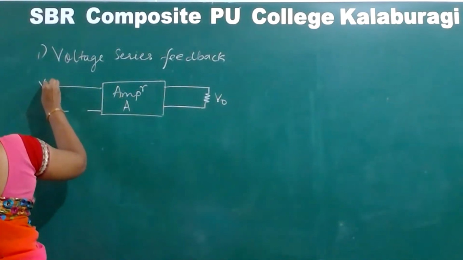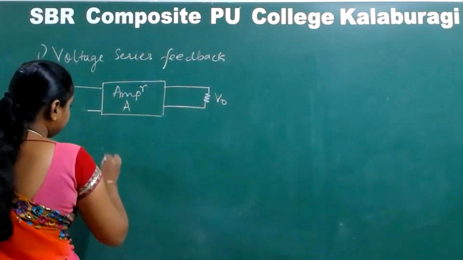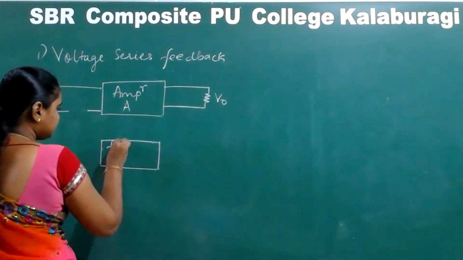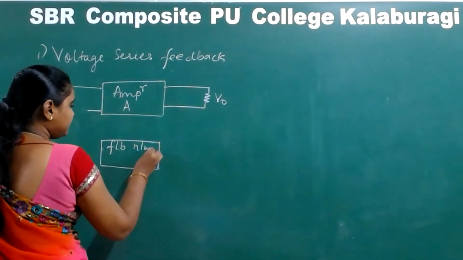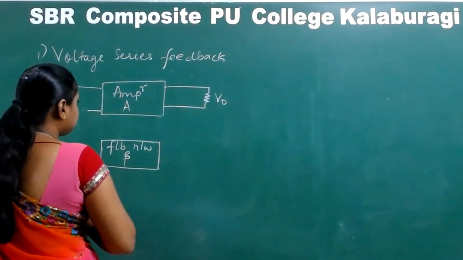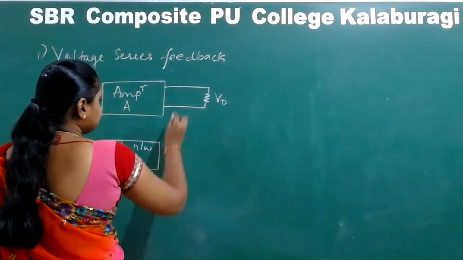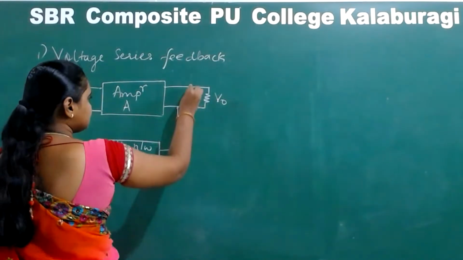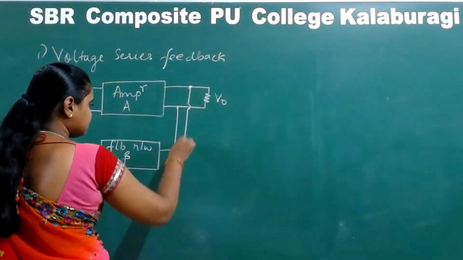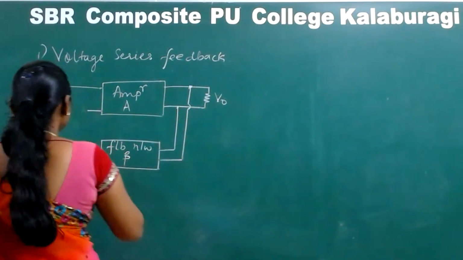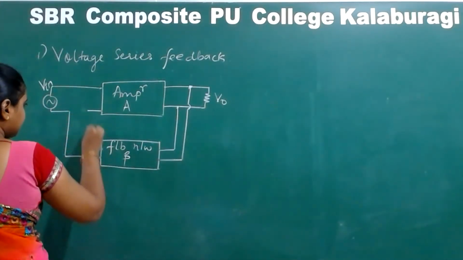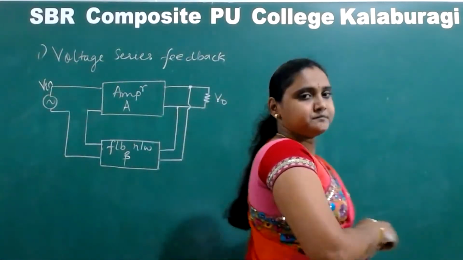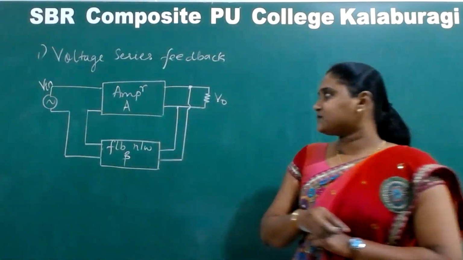Here we are going to apply the input. There is a feedback network with feedback factor beta. Voltage series feedback. How can we call this a voltage series feedback?